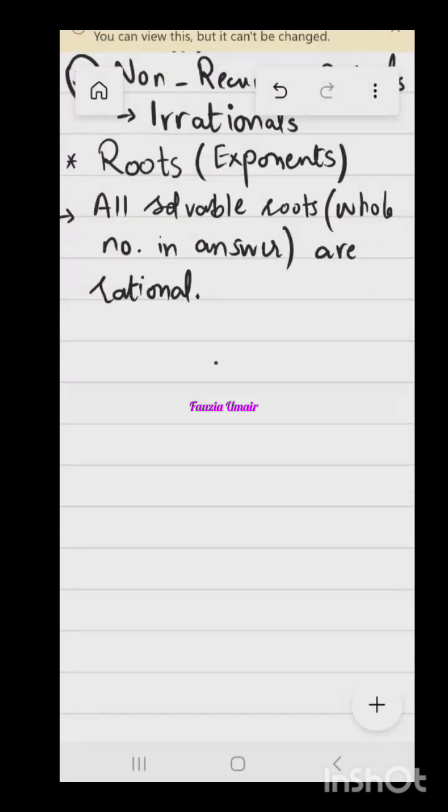So that means, for example, if I'm talking about a square root and there is a 4 inside, what is the answer of this root? Please raise your hand for the answer. What is the square root of 4? It's 2.